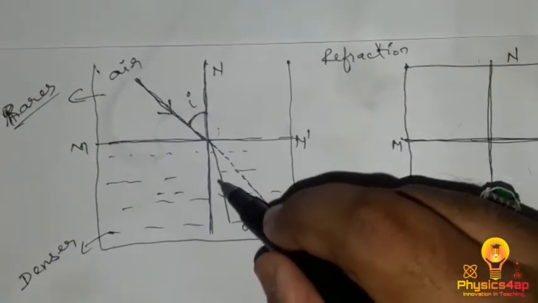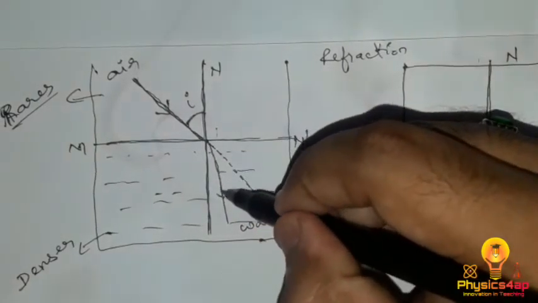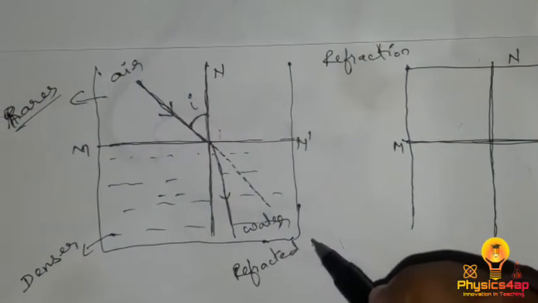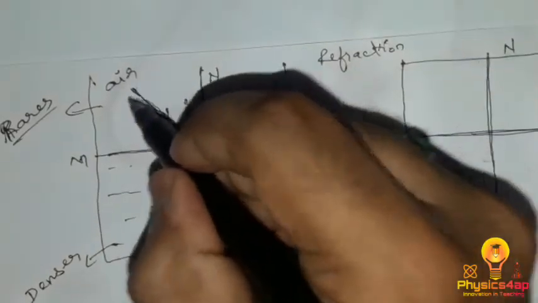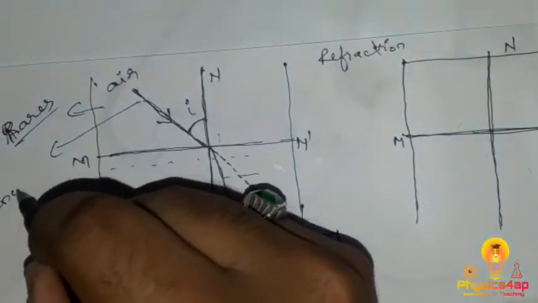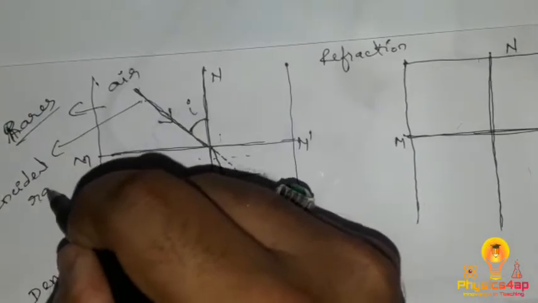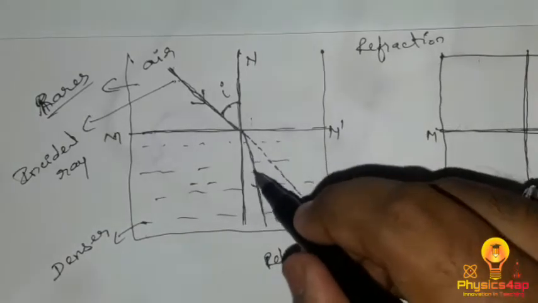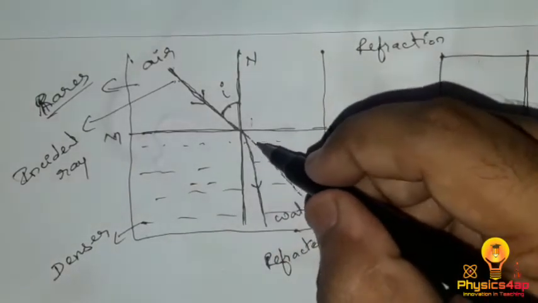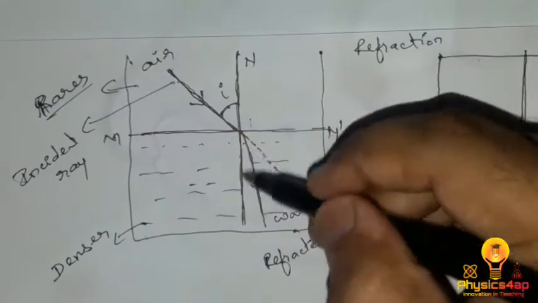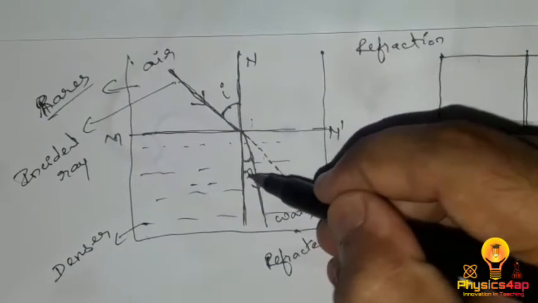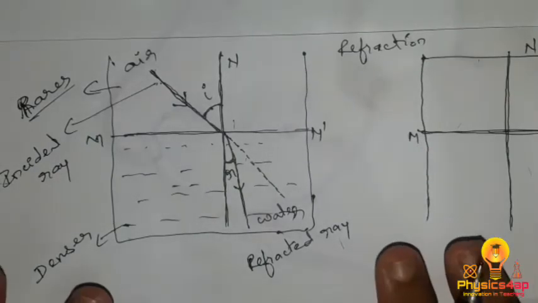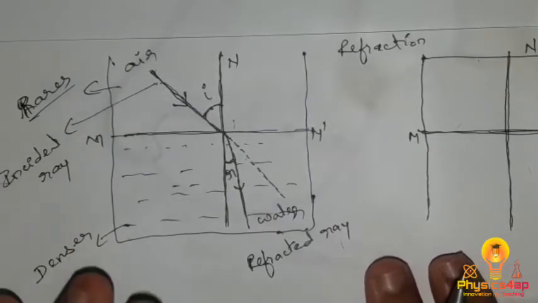This is the refracted ray, and this is the incident ray. The angle of incidence is here, and the angle between the refracted ray and the normal is R, which is called the angle of refraction.